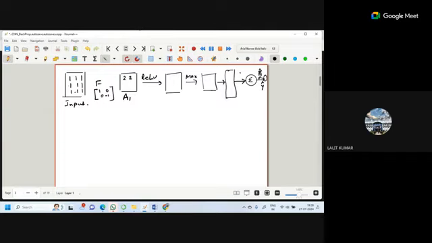And let's do this -1, just to make it more interesting. So this will become 0. Here it will become 0. This will become -1 plus 1. So this gives 0.